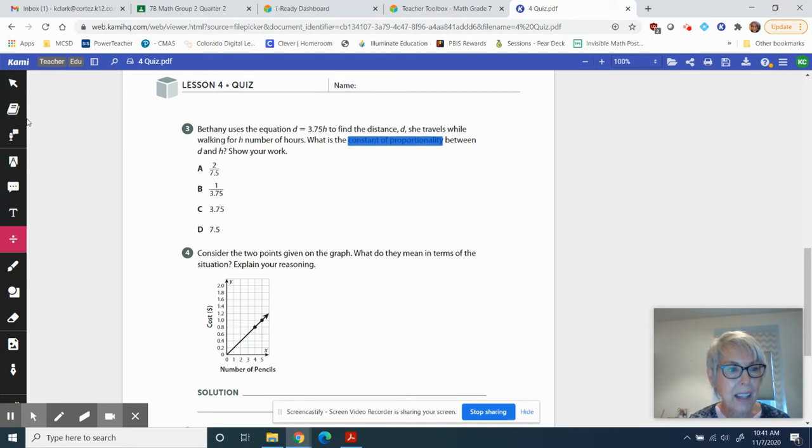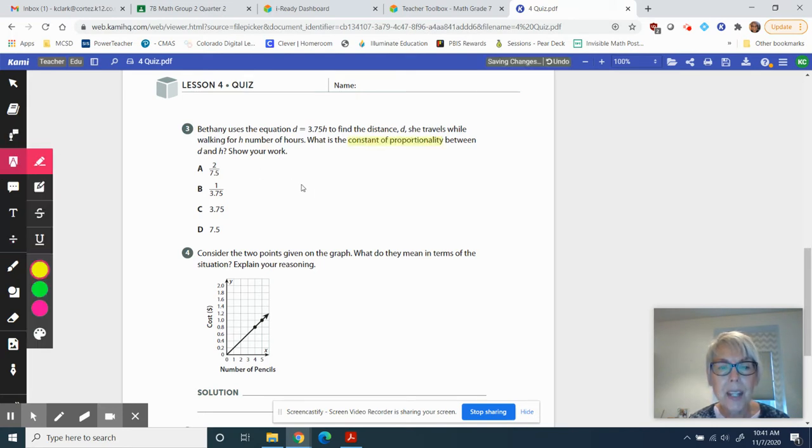I'm going to highlight that. The constant of proportionality is always right there in front of the independent variable. So you would multiply 3.75 times the number of hours she's walking to figure out the distance that she goes.